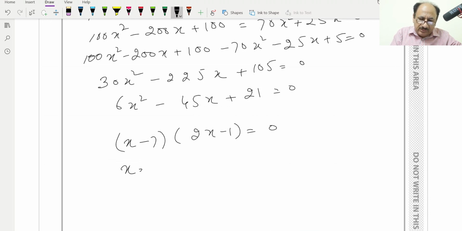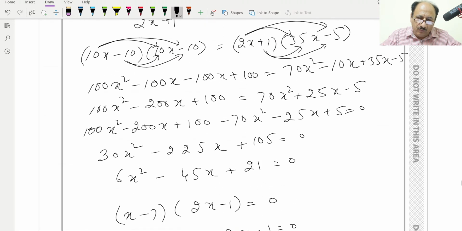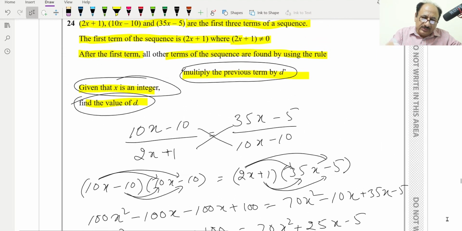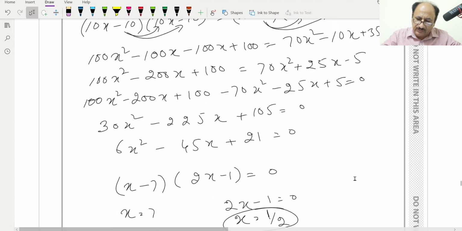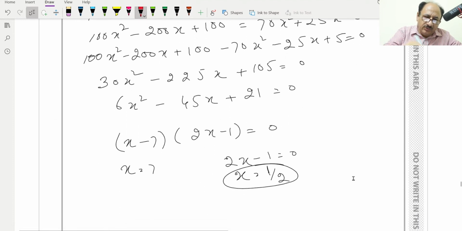This implies x is equal to 7, and from 2x minus 1 equal to 0, x is equal to 1 by 2. As they have provided that x is an integer, we reject this decimal value, and we get x is equal to 7.